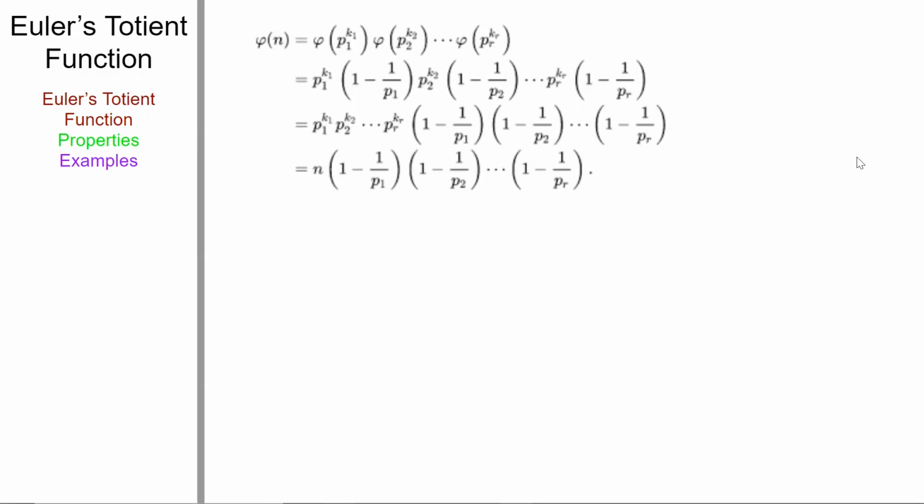Euler's Totient function is typically written like this. You might see this in several forms. It's called the phi function, or however you want to pronounce it.